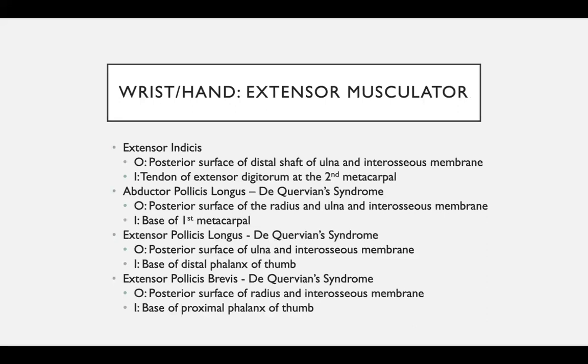The wrist and hand extensor musculature, again, we discussed due to their origin on the lateral epicondyle. We have the extensor indicis, abductor pollicis longus, extensor pollicis longus, and extensor pollicis brevis. The abductor pollicis longus, extensor pollicis longus, and extensor pollicis brevis may cause de Quervain syndrome.